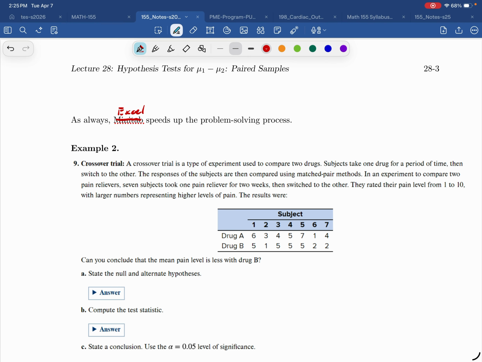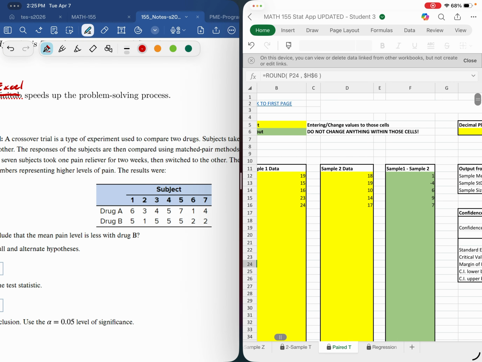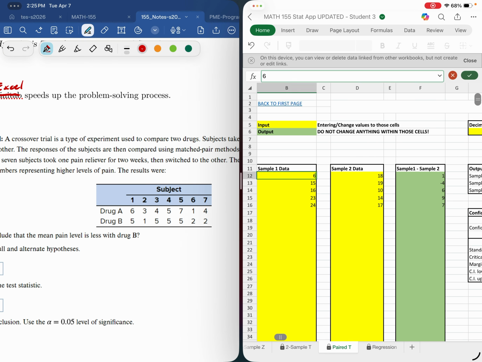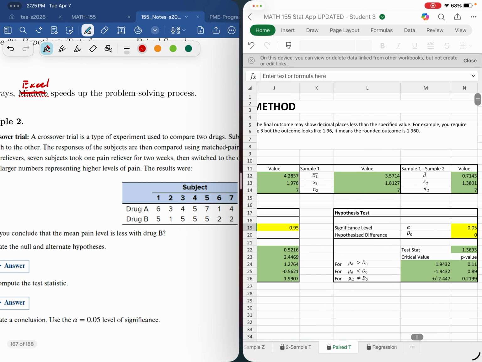So let's go ahead and enter it into Excel. Right, so we have paired data. We are hypothesizing the difference to be 0.